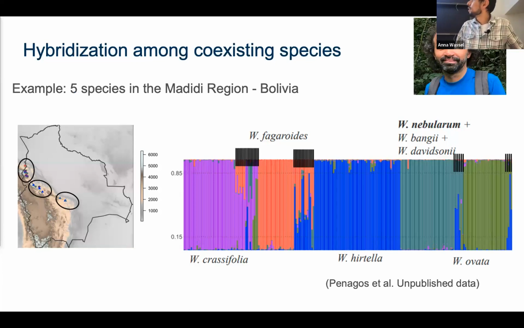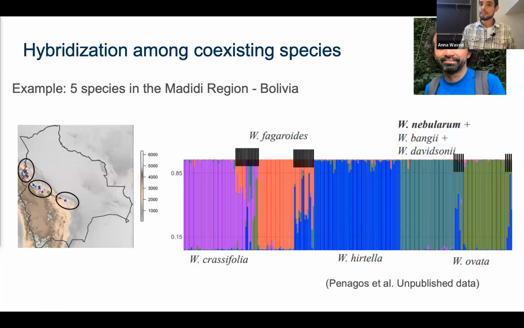Regarding hybridization, with this data set, our collaborator here, Juan Penagos, is doing extensive analysis of hybridization. For example, here we have 5 species that co-occur in the Madidi region, and here is a structure analysis for more than 300 specimens.